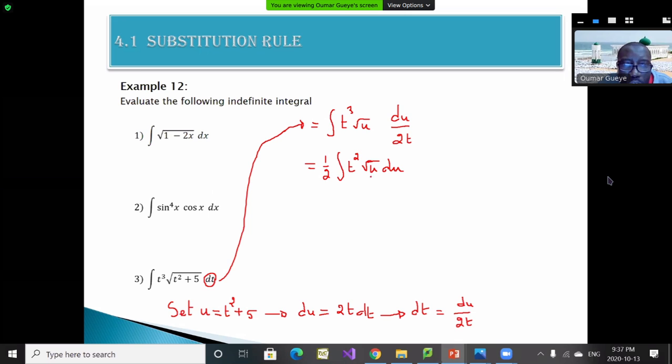Now, as I told you, this integral should be in terms of u only, and we still have t squared. To get t squared, you guys come back here and find t squared.